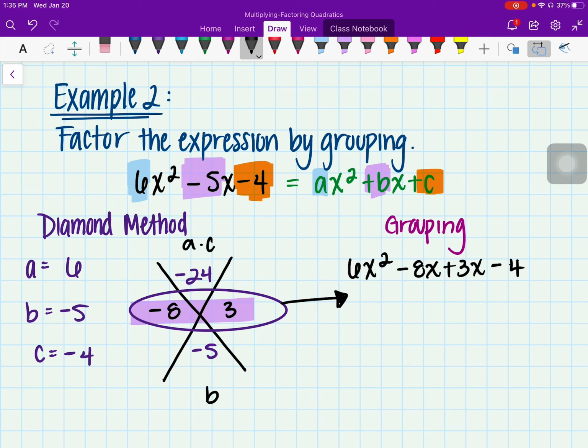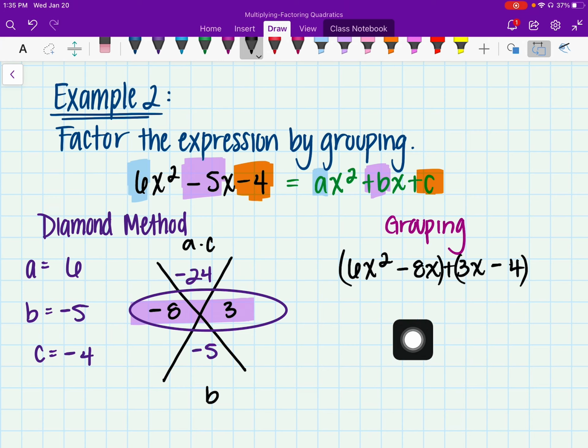Okay, so from here, I want to start our grouping process. I want to group my first two terms and the last two terms. Starting off with our first group, we have 6x squared minus 8x. What factors are part of both 6x squared and -8x?